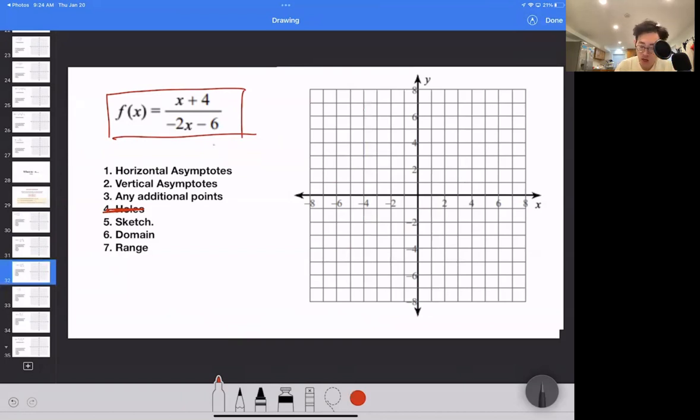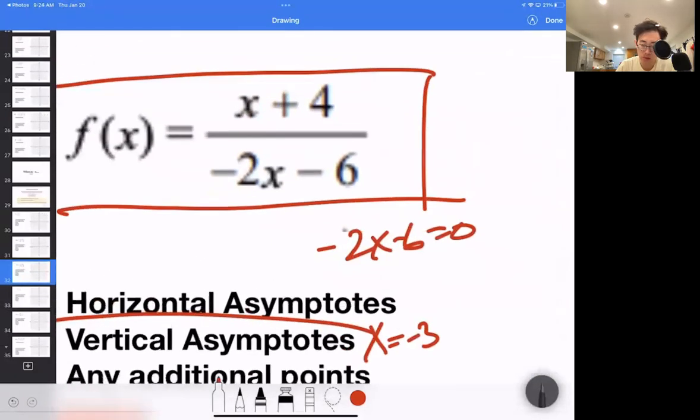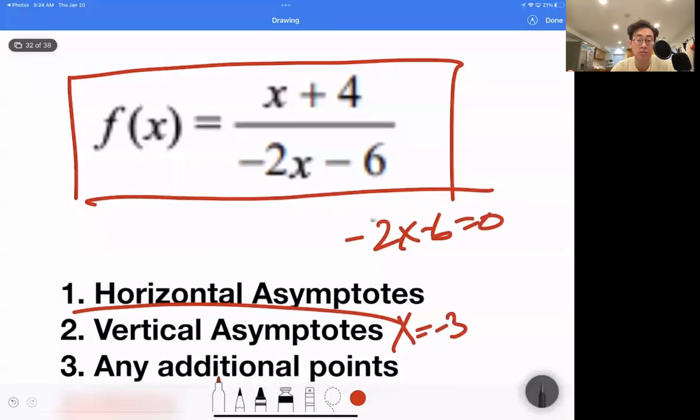All right, so first we should all understand that the vertical asymptote will happen at x equals -3. When you set this equal to 0 and you solve for it, add the 6, divided by -2, you know the drill. Now the horizontal asymptote, remember, you're plugging in a very, very big number for x.